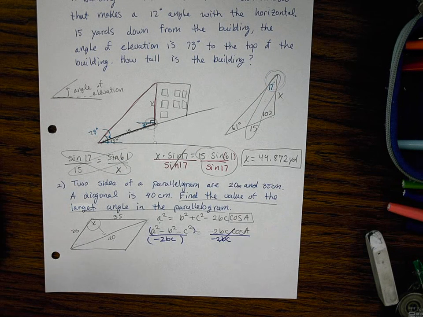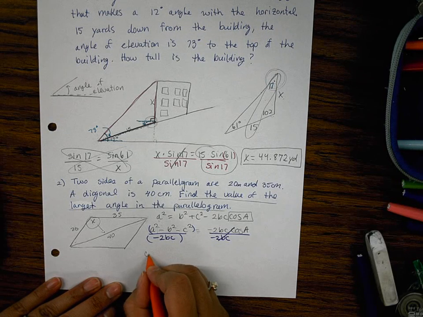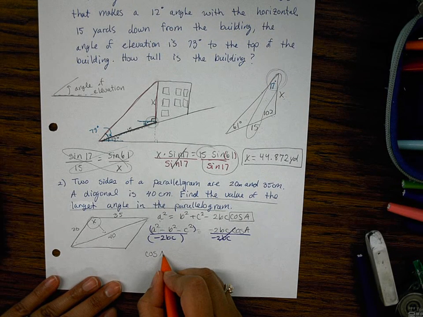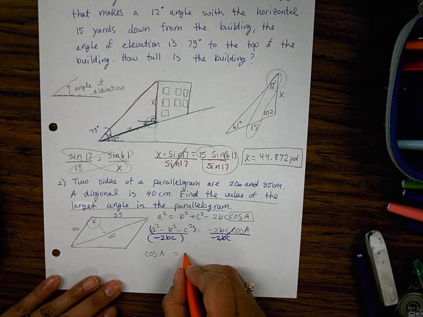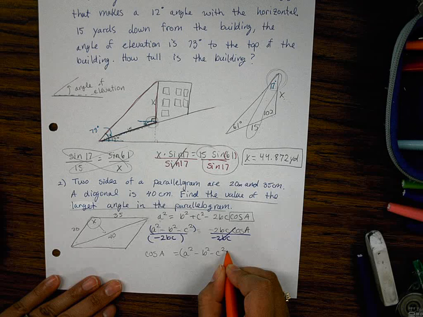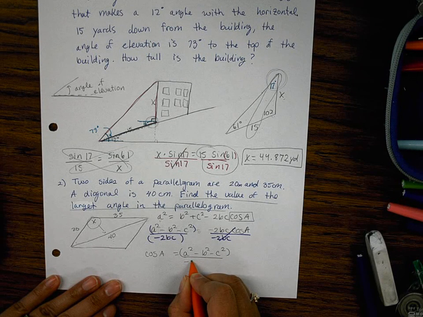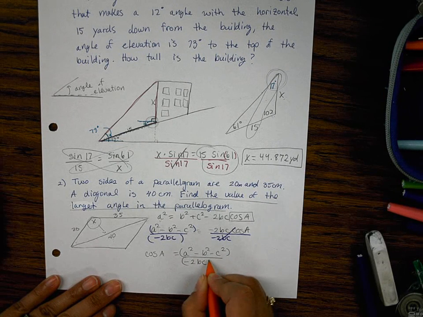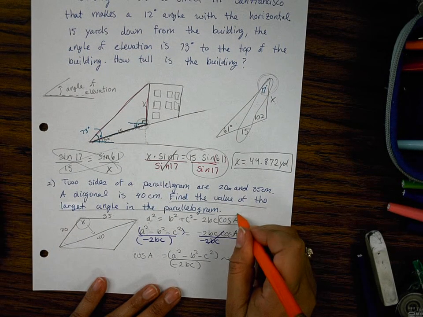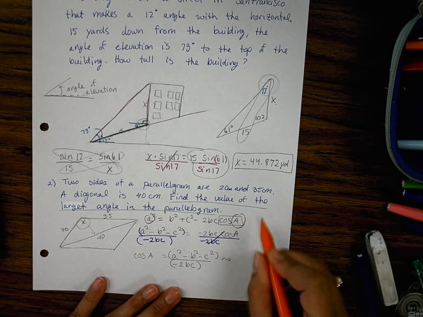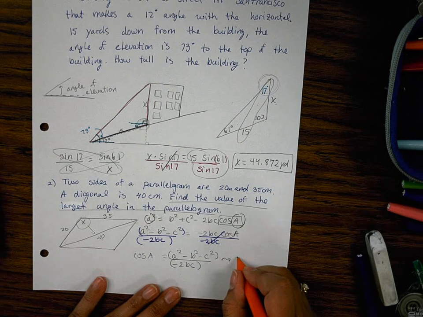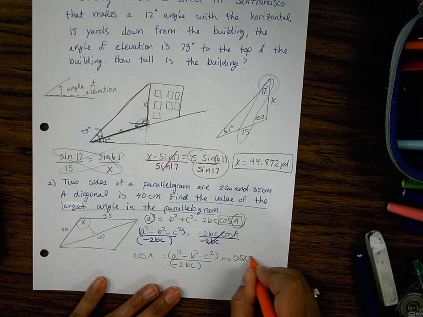And don't forget to put your parentheses when you plug it in your calculator. All right, so cosine of A equals a squared minus b squared minus c squared all over negative 2bc. When I do this, remember a and little a are x and x's corresponding side.